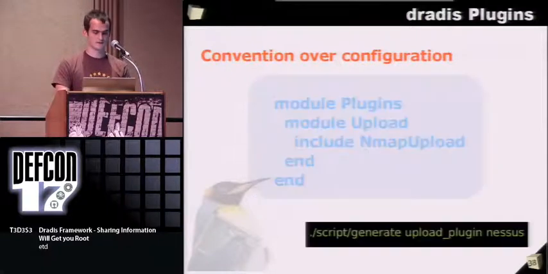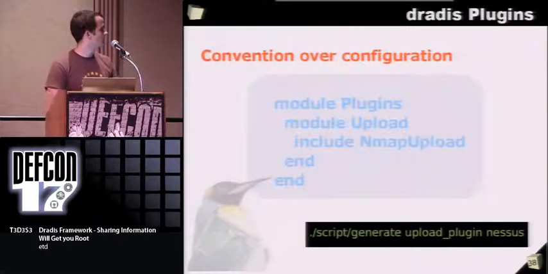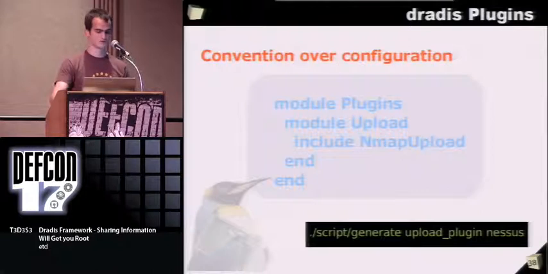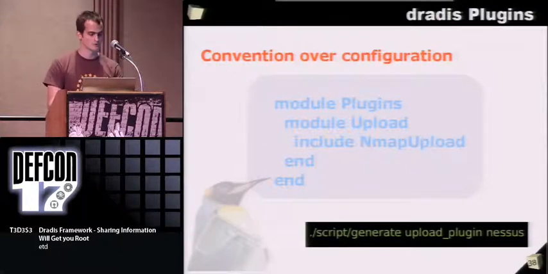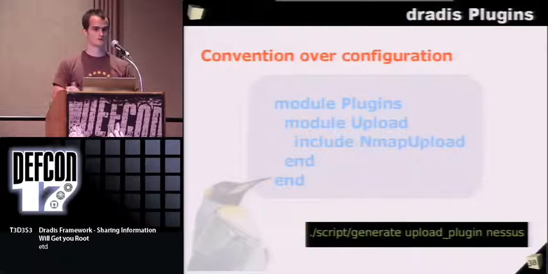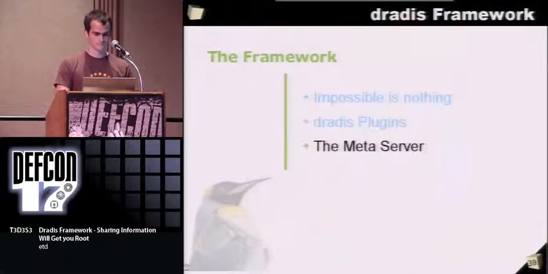Also, to make things easier, there is a helper script to generate every type of plugin. So you can script generate upload plugin, export plugin, or import plugin, and then that will create all the code you need, and it will also create the include line, so you only focus on your business code.